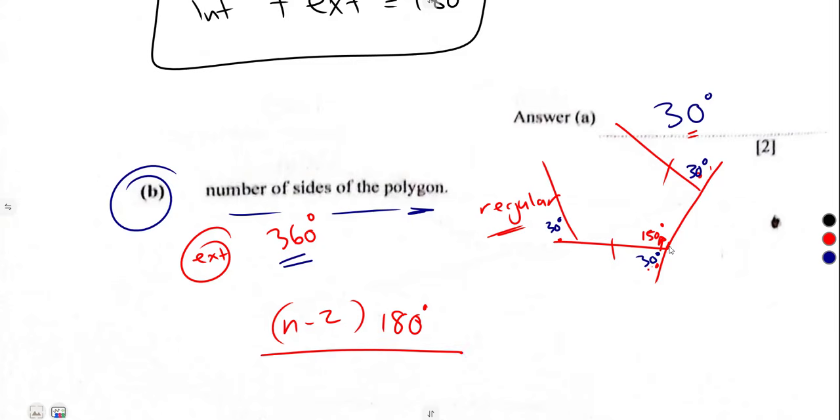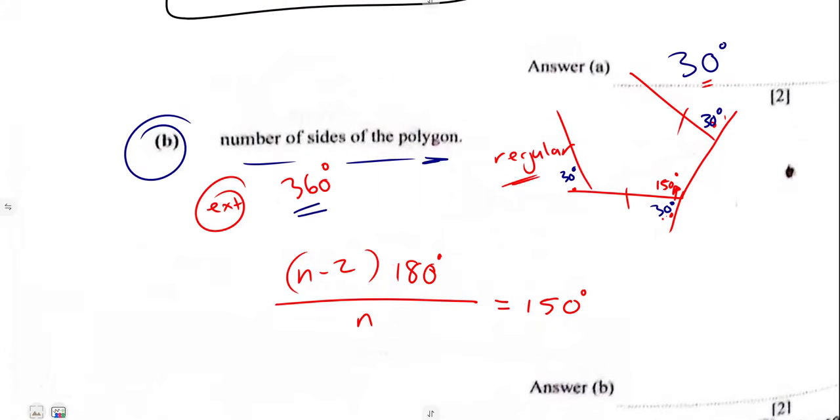Then divided by the number of sides, since it is a regular polygon, it is going to give us each interior angle. So each interior angle is 150 degrees. So you have formed an equation from the sum of interior angles, this is the number of sides, and this is each interior angle.